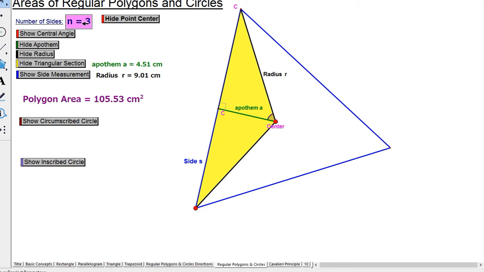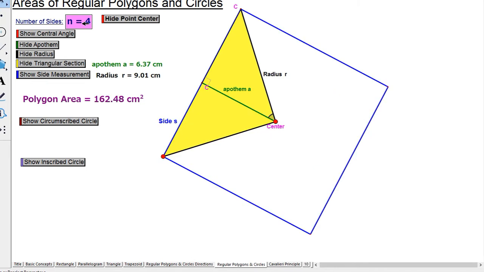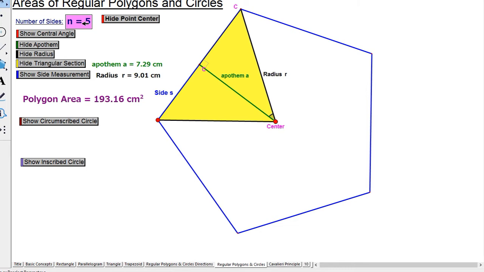Now, we have this for different sizes of polygons, different values of n. So there's a triangle, a regular quadrilateral, also known as a square, 5 sides, a regular pentagon, like the defense building in Washington, D.C. It's actually in Arlington.